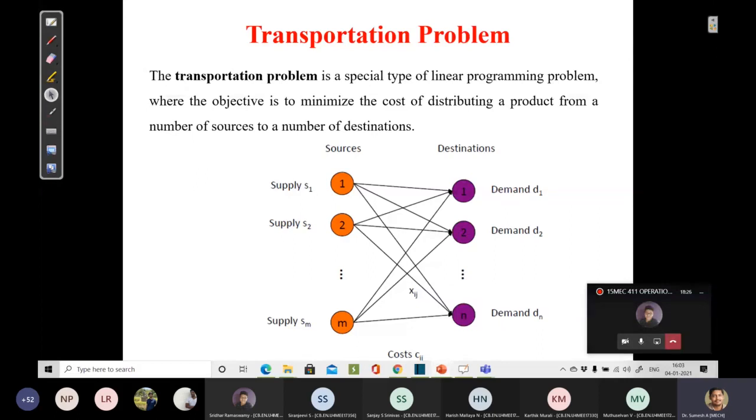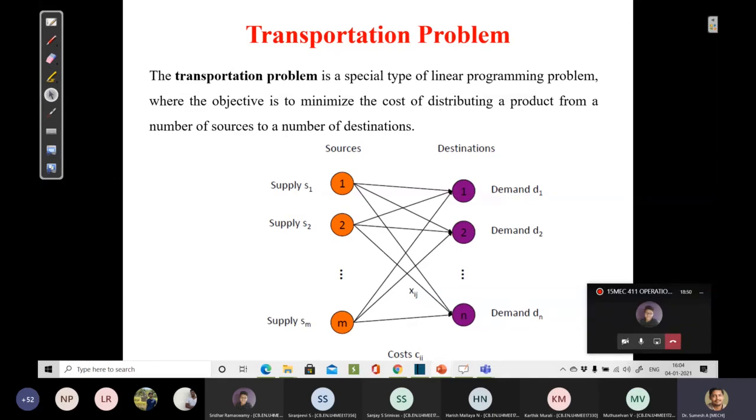So from which manufacturing plant to which warehouse, or from which warehouse to the vendor, should you supply the product so that your total cost of transportation will be minimum?